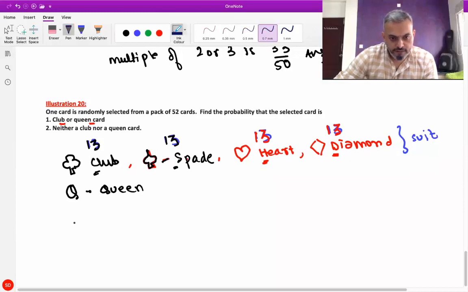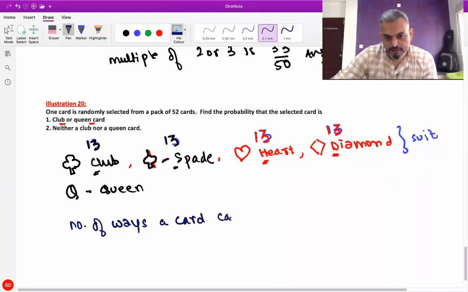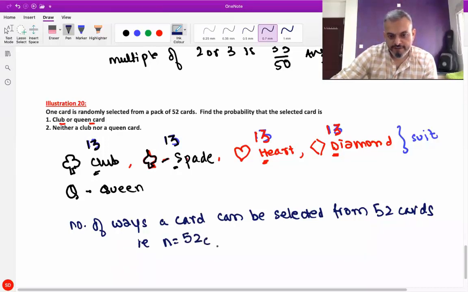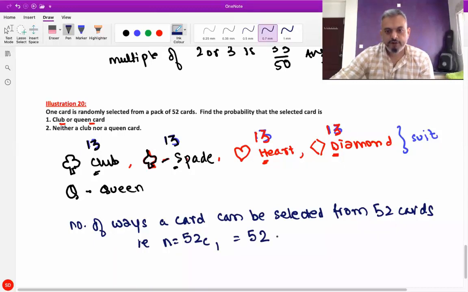First, number of ways a card can be selected from 52 cards. That is n is equal to 52 में से एक, 52C1 which is equal to 52 ways.